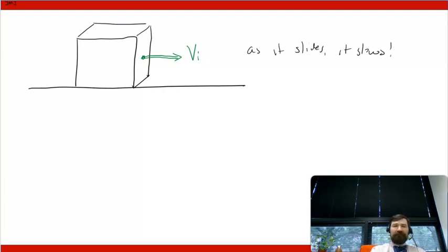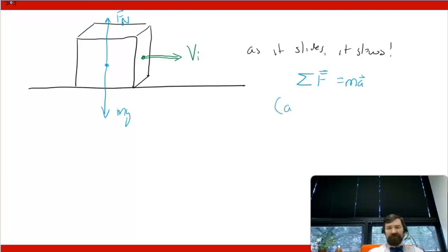What does that imply? Well, by Newton's second law, the sum of forces must be mass times acceleration. And again, I can draw gravity, mg, and I can draw a normal force, but neither one of those is in the horizontal direction. The acceleration is horizontally oriented, meaning it's slowing down, so it has an acceleration to the left.